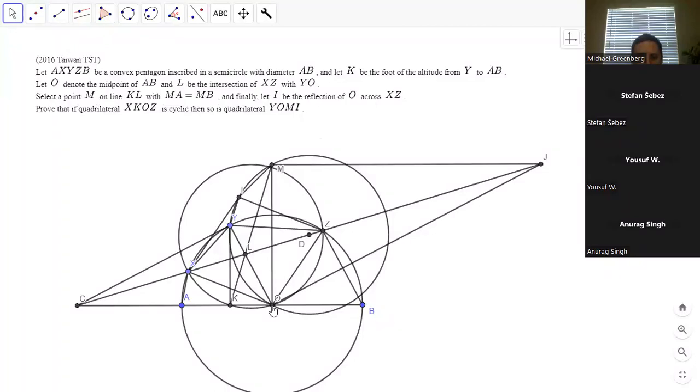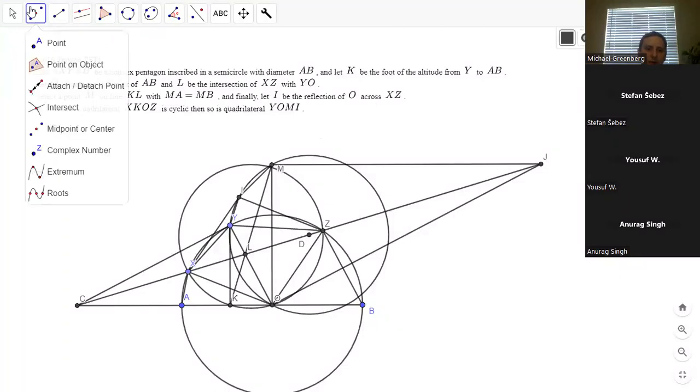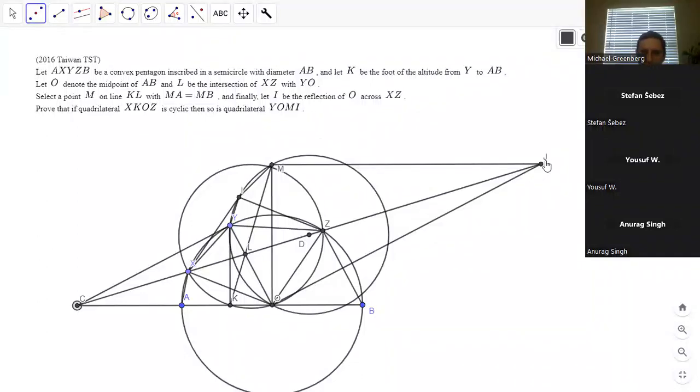Can you mark down the midpoint to confirm? So somehow the midpoint of CJ is actually the center of this circle that we're trying to show. Actually, I thought it was going to be on OZ, but this would be even better.